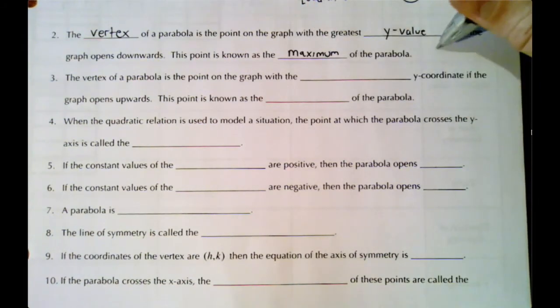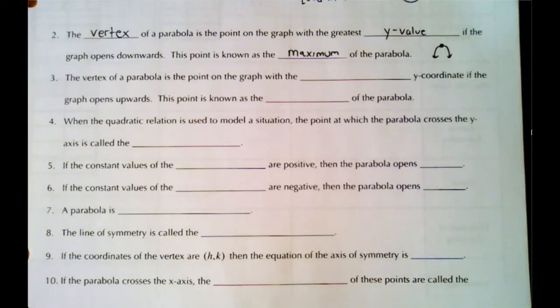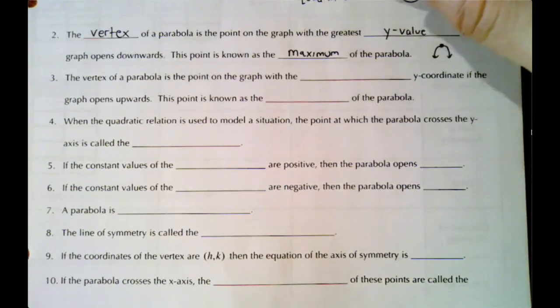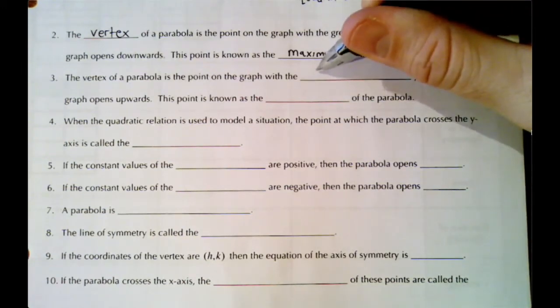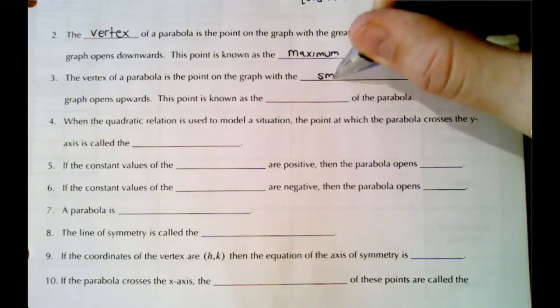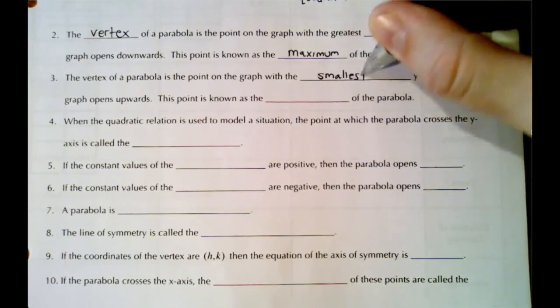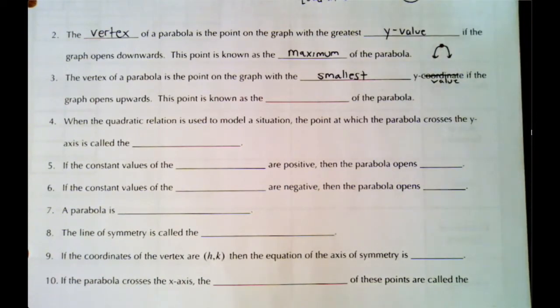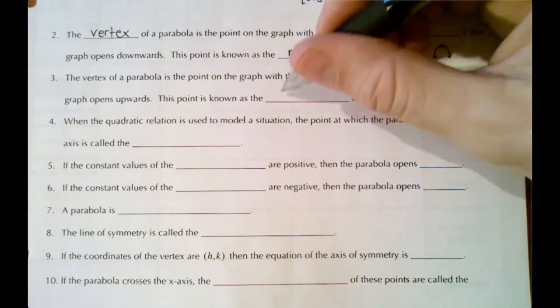So that means if the graph looks like this, that would be our maximum vertex, because the graph doesn't go any higher than that point. The vertex of a parabola is also the point on the graph with the smallest y value if the graph opens upwards, and that's called a minimum.